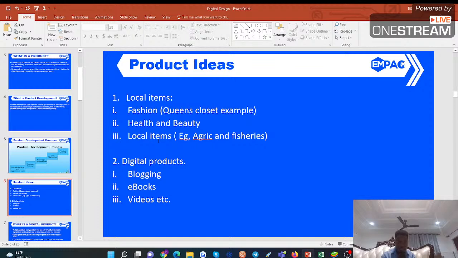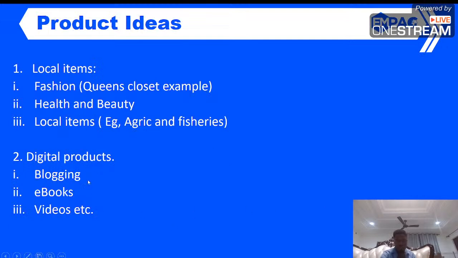We'll look at it in the next slide, where we look at what a digital product is. Another product under digital products is blogging. People who blog actually create digital content. The digital content on a blog is a product which you can sell or monetize.